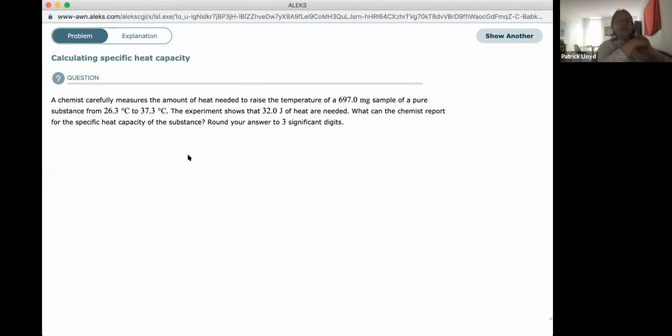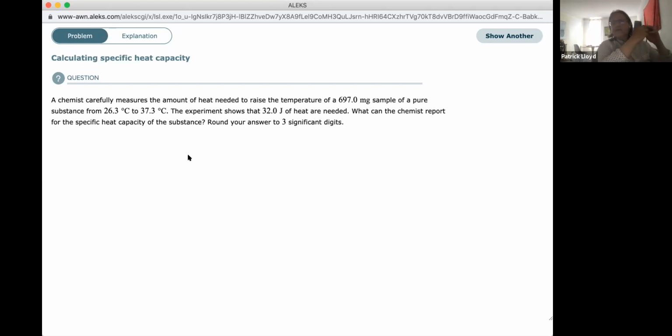So a chemist carefully measures the amount of heat needed to raise the temperature of 697.0 milligrams of a sample of a pure substance. The pure substance is an important statement because it turns out the heat capacity is different for different materials. Each type of material has its own specific heat capacity.